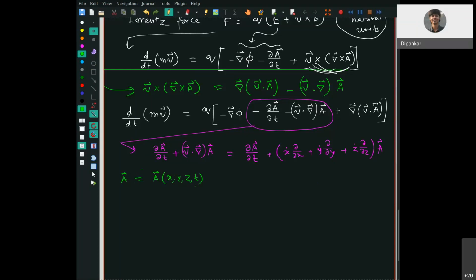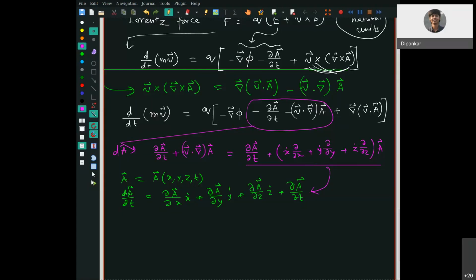Then if you apply the chain rule of derivatives, dA dt is del A del x x dot plus del A del y y dot plus del A del z z dot plus del A del t. Now you compare with the above expression. Isn't it the same as this one? It's the same thing. So this thing here must be just dA dt. So whatever I have is here.